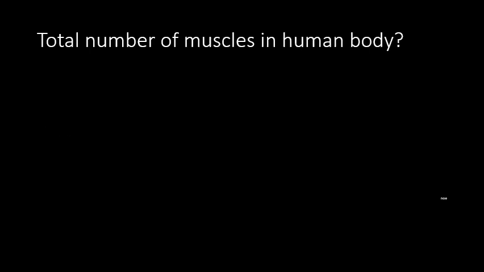Next question. Total number of muscles in human body. Option A 639, option B 459, option C 559, option D 630. And the answer is 639.